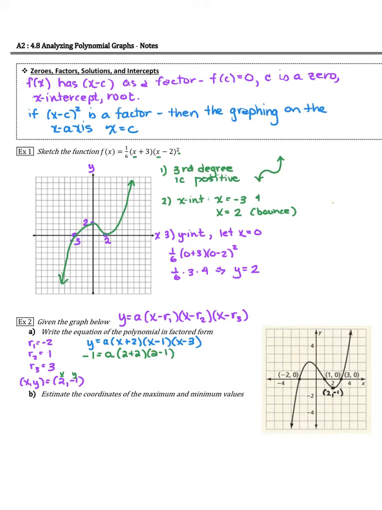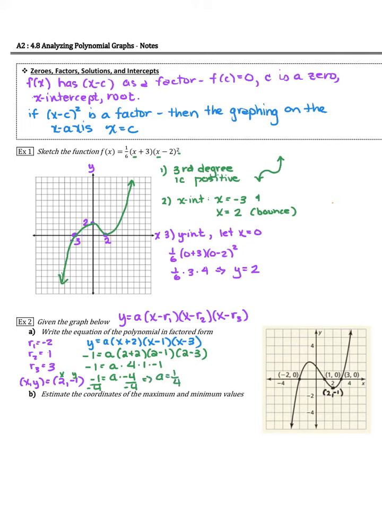So I have 2 plus 2, 2 minus 1, and 2 minus 3. Then let's work this out: -1 equals a times 4 times 1 times -1. So -1 equals a times -4. And solving for a, notice we get a positive 1/4.